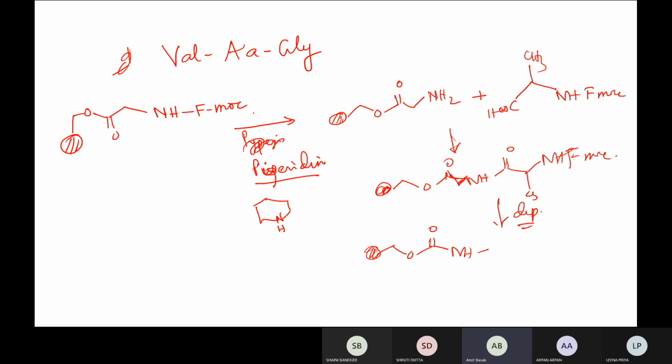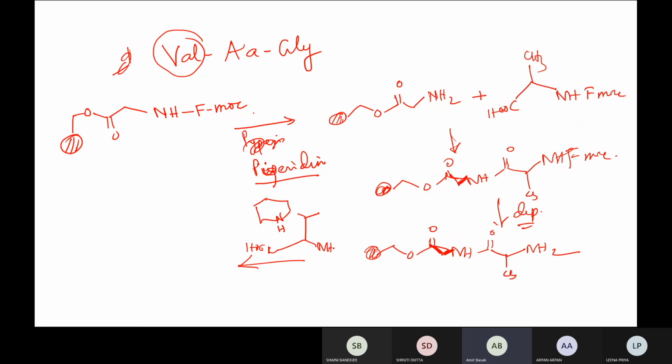There is one CH2 here, CH2 and CH2NH, and then NH, CO, and then CH3, alanine, then NH2, and now you have to add the valine. Last is the N-terminus amino acid. What is valine? Valine is isopropyl. This is C. This has to be free, and this should be protected.